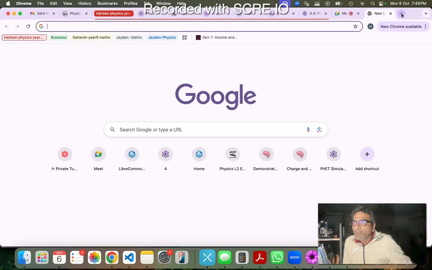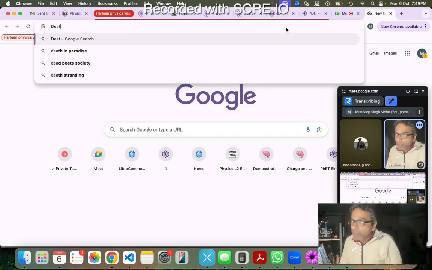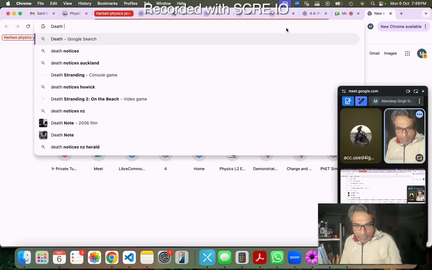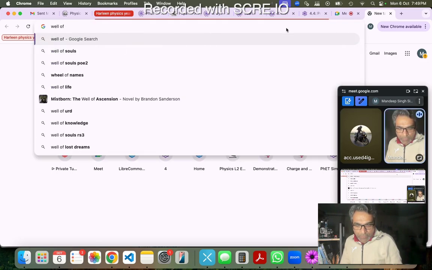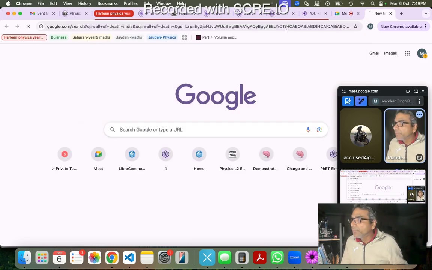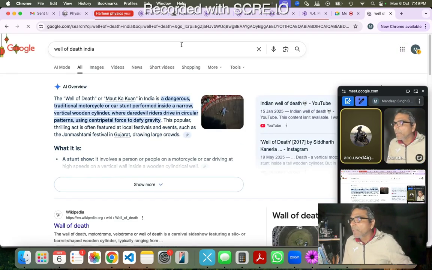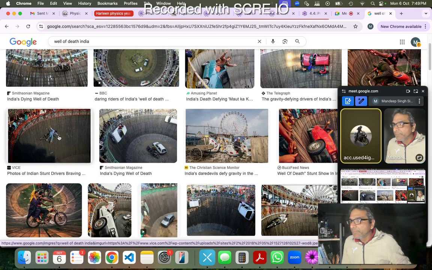I can give you an example over here: well of death, India. You can see this. This is where the centripetal force acceleration will work.